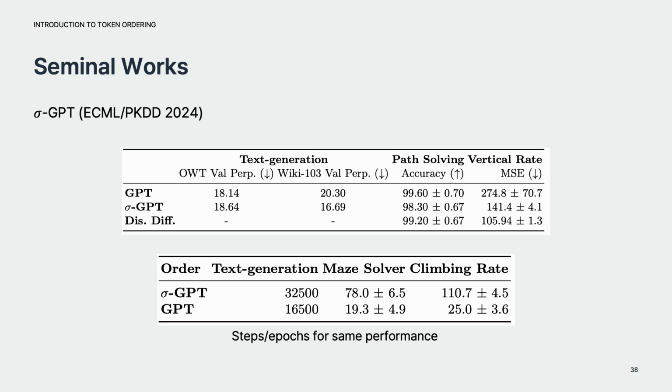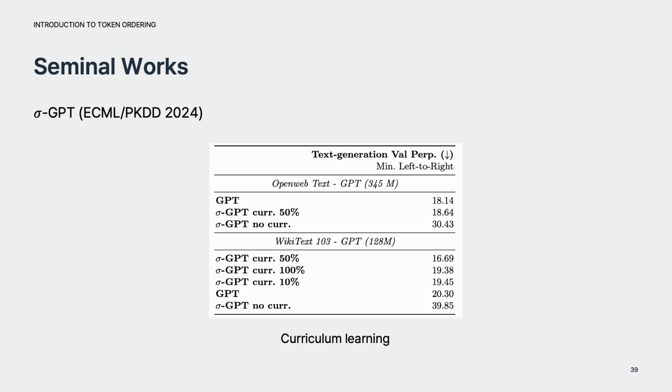We will revisit this point in the discussion section. Another interesting point is that when the model is not trained from the start with pure any order, but instead with curriculum learning, that is training the first K% in left to right order, performance improves.